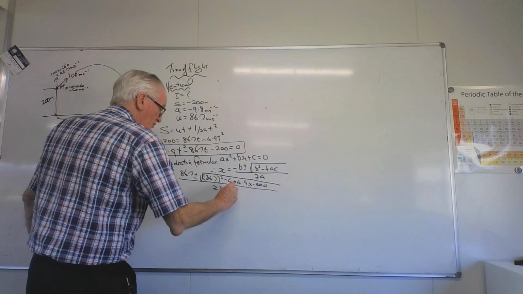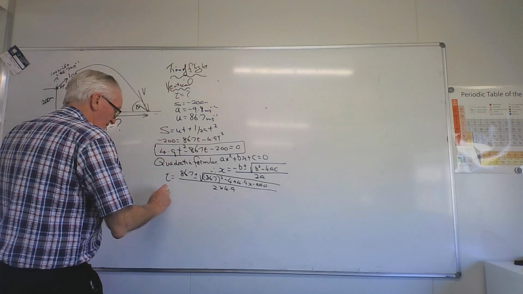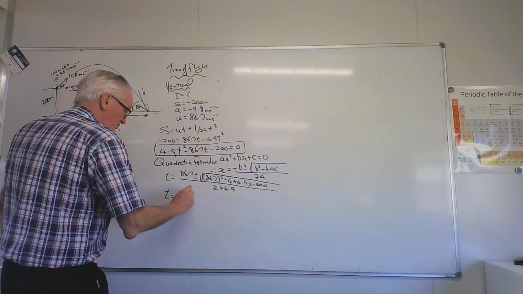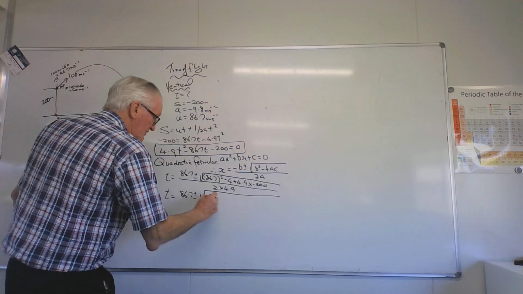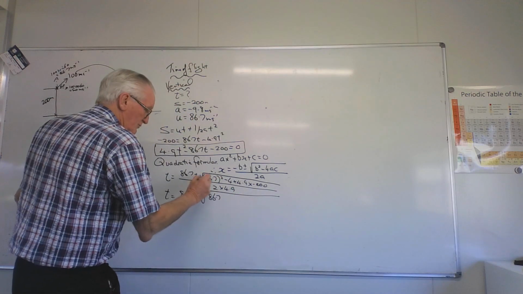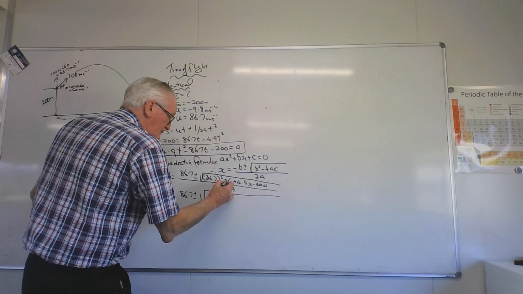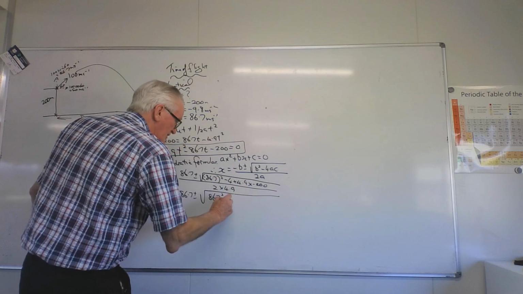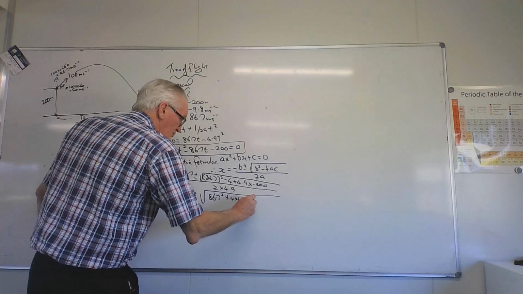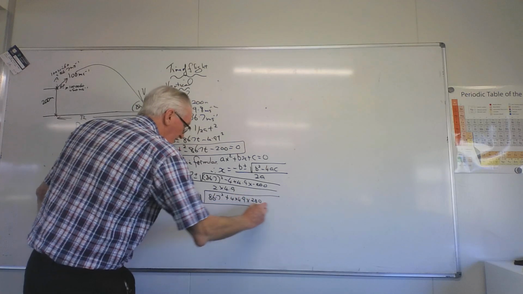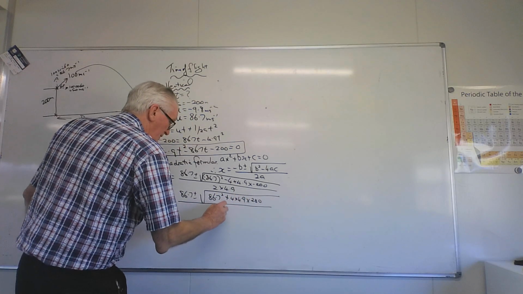Tidied up a bit, that equals 86.7 plus or minus the square root of 86.7 squared, minus times minus is going to give you a plus, plus 4 times 4.9 times 200, all over 2 times 4.9, 9.8.